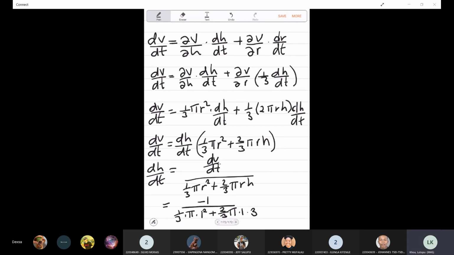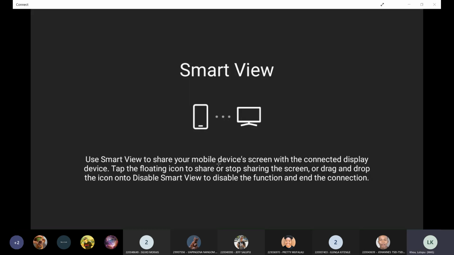Let's see, -1 over 3 pi. Okay, I'm getting negative 0.136, and what are our units?